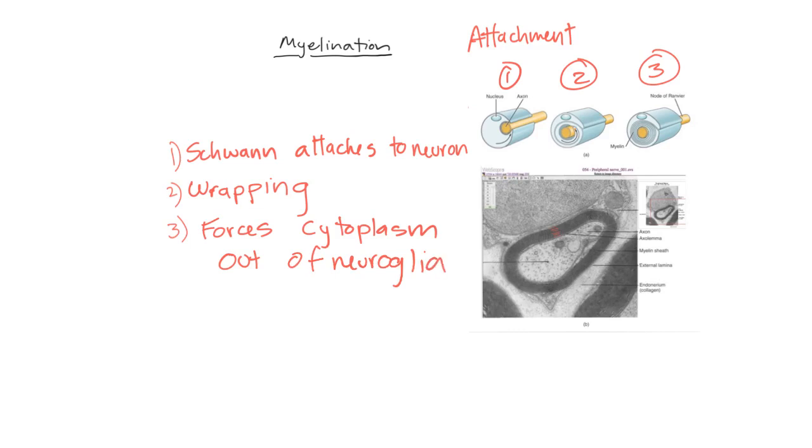So it forces the cytoplasm out of the Schwann cell, reducing the amount of cytoplasm between those different layers. So now you just have stacks of layers on top of each other. That's not technically axolemma because they aren't technically neurons. They're just helper cells.